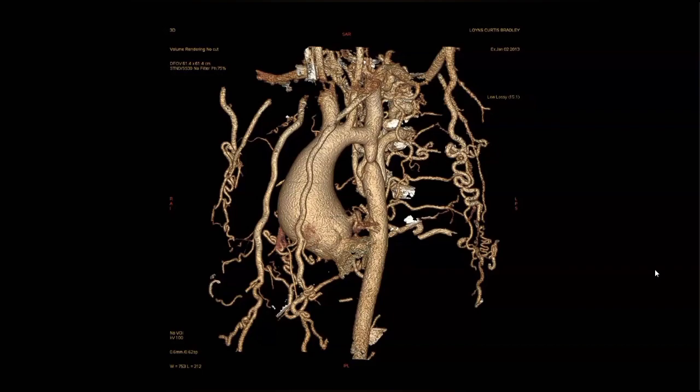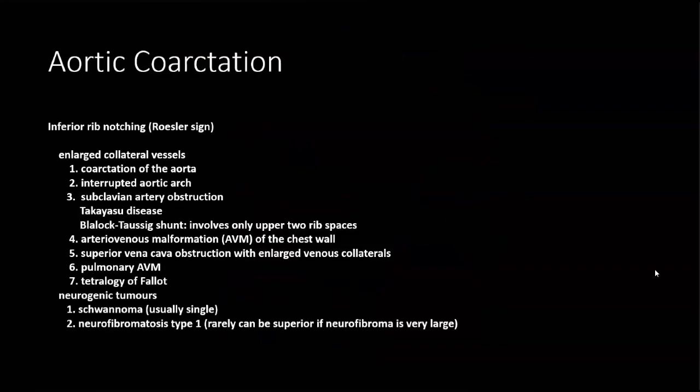Bicuspid aortic valve, aortic aneurysm, coarctation, female patient: this is Turner syndrome, X naught. Turner syndrome patients usually have postductal aortic coarctation, aortic aneurysm, and bicuspid aortic valve.